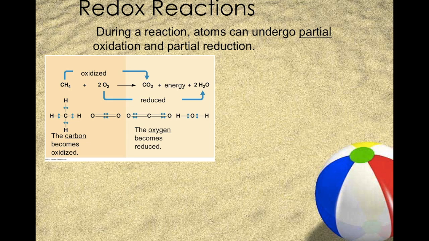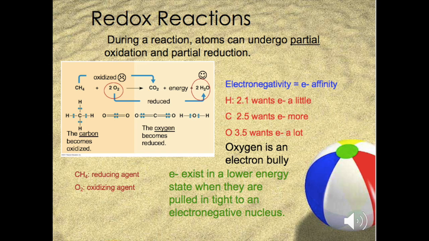However, even molecules, which are formed between nonmetals, where electrons are shared, can undergo redox reactions. What happens when a molecule undergoes a redox reaction is that atoms undergo partial oxidation and partial reduction. And the reason this occurs is because of the difference in electronegativity of different nonmetals.